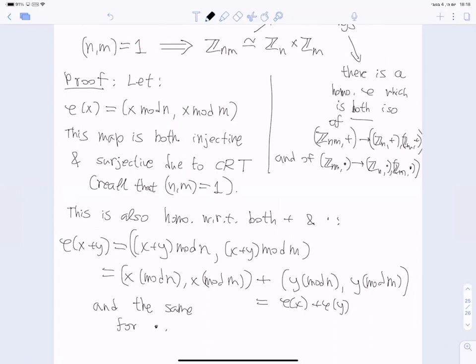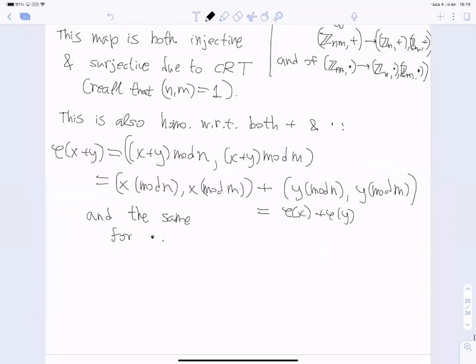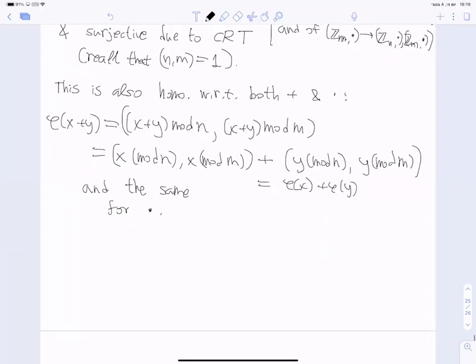But for now, let us define another object, which is called the Euler function.